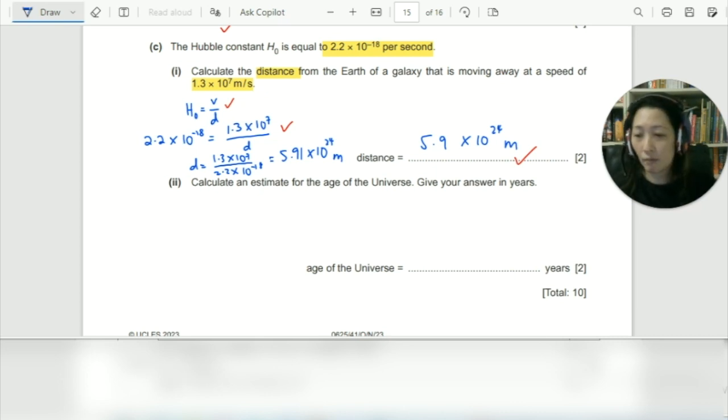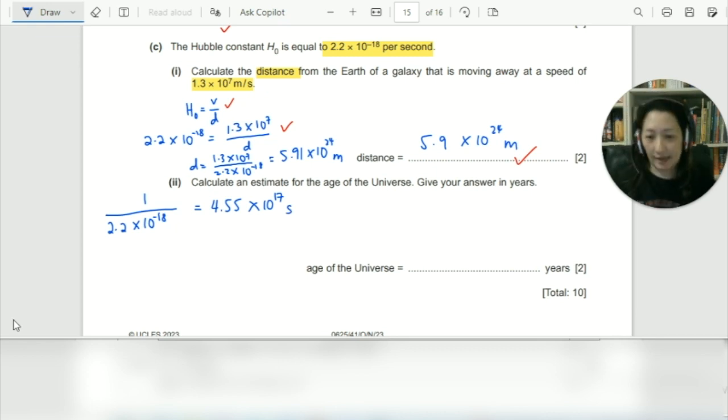That means 1 divided by 2.2 times 10 to the power of negative 18. This would give us times 10 to the power of 17. Because it's per second, this gives us the value in seconds. However, the question wants us to write our answer in years. So we need to convert seconds to years.